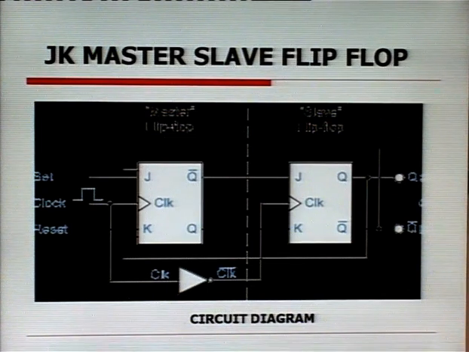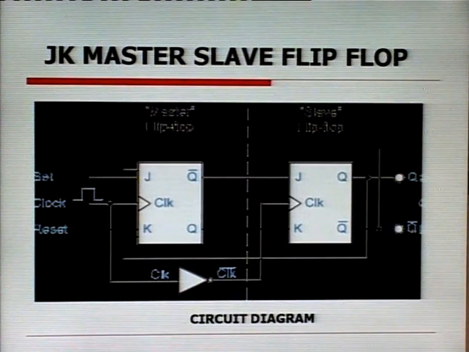This problem is called the racing problem. Racing problem means the flip flop toggles more than once in a single clock cycle, that is, it changes its state twice in a single clock cycle. That must be avoided at all times.